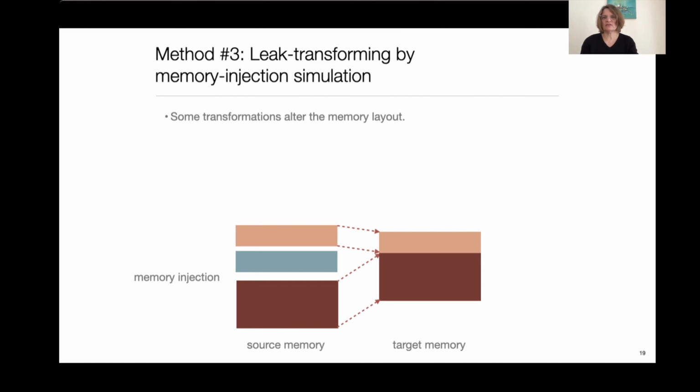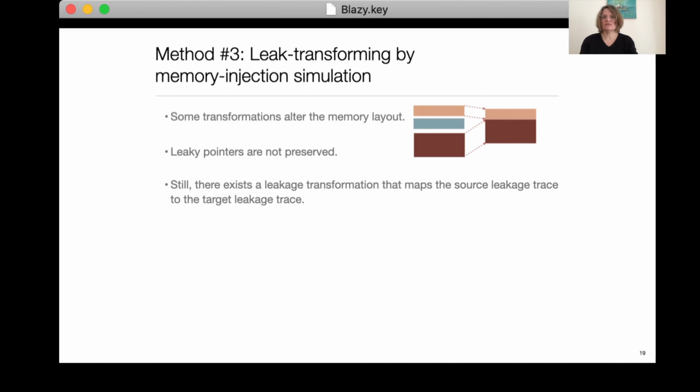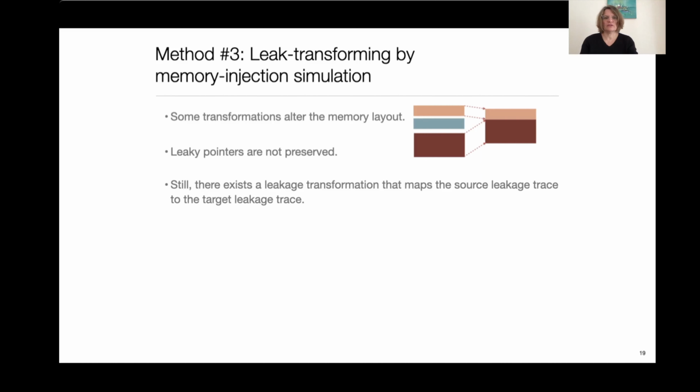And in that case, we need to define memory injections. So in our leakages, we may observe pointers, and so these leaky pointers are not preserved by compilation. So we need a memory injection to model how they are transformed. So in that case, we need a more complex simulation diagram involving the memory injection.